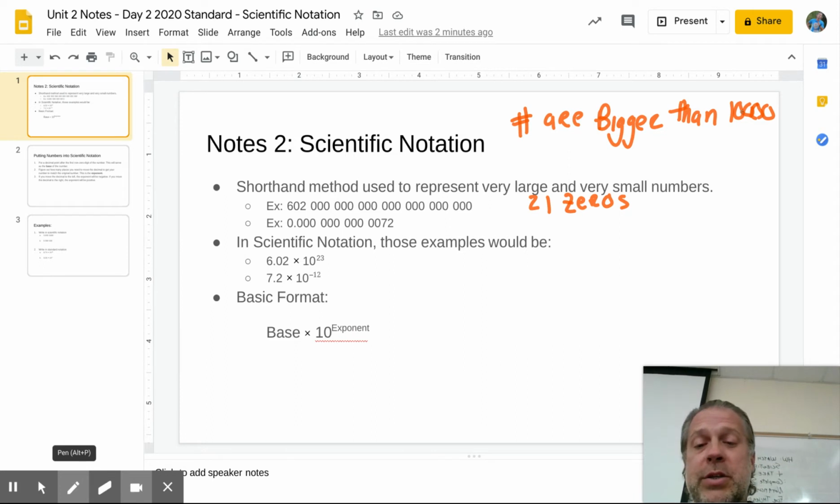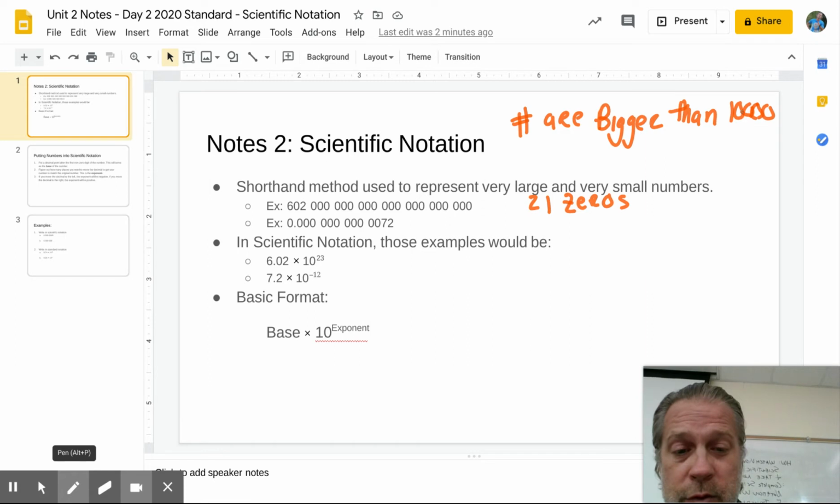So like 602 with all those zeros after it, there's nothing wrong with that number. It's just that I'm separating them with a space instead of a comma. And if you wanted to go back and draw in a comma, that's fine. I have no problem with that.